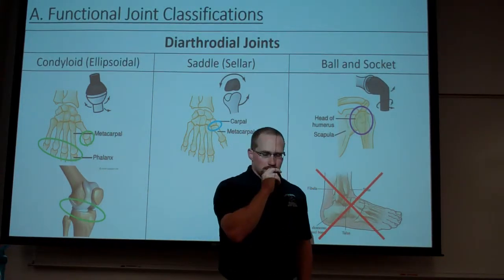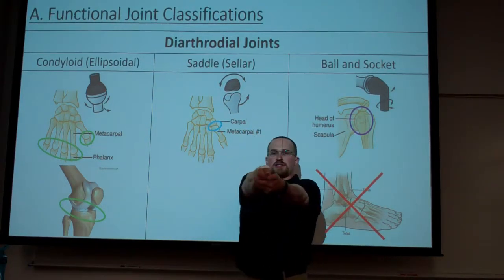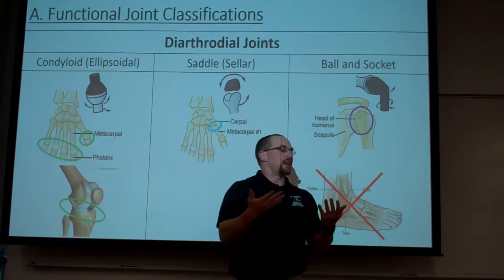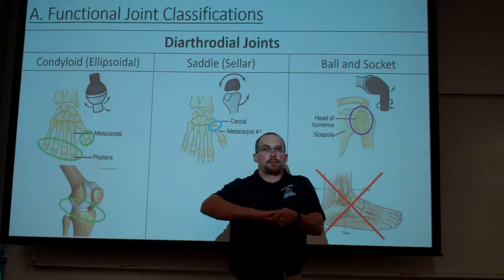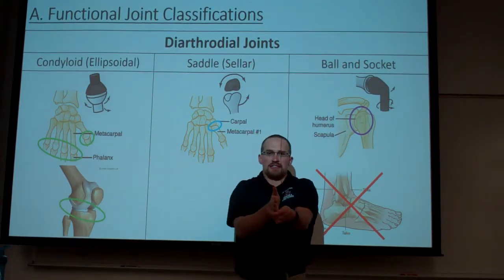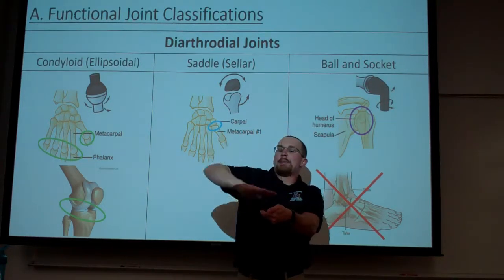Saddle joint, that's where we have a convex and a concave surface, but they go in opposite directions. The way I like to think about it is a skateboarder going down a half pipe. Unlike the body on the slide, concave and convex in the same direction, the skateboarder in the half pipe is going the opposite direction.